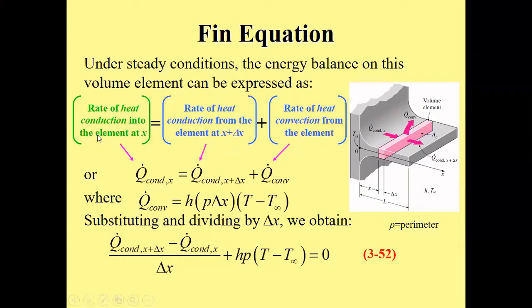The rate of heat conduction into the element, the rate of conduction into this fin, where this is the body and this is one fin, is equal to the rate of conduction from this fin plus the rate of convection from this fin. So there is still conduction going in this direction, and there is also convection at the surface of this fin.